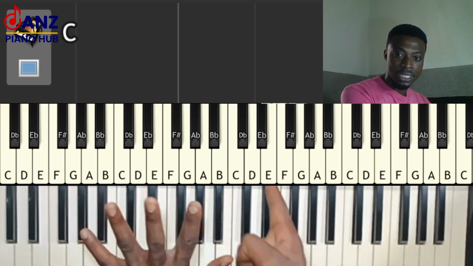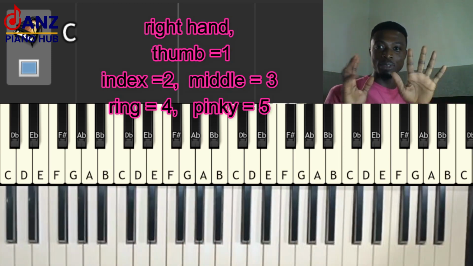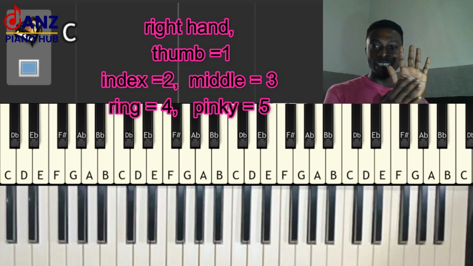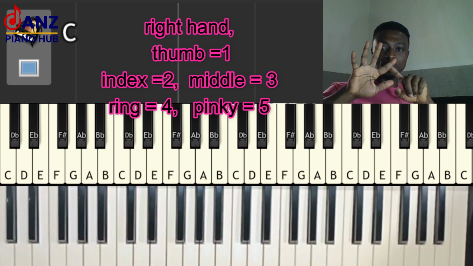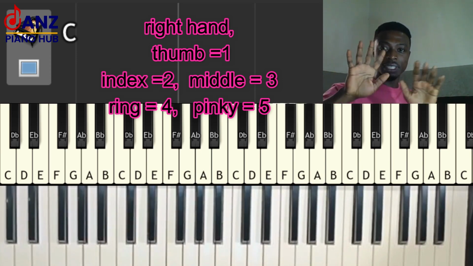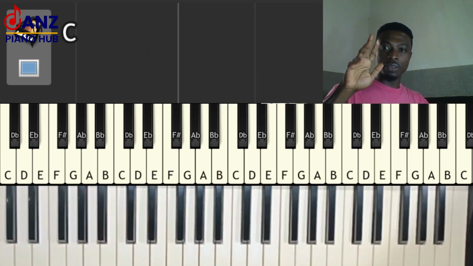So it goes like this for your left hand. Now for your right hand, 1, 2, 3, 4, 5. Right hand, left hand. It's like this, 1, 2, 3, 4, 5.